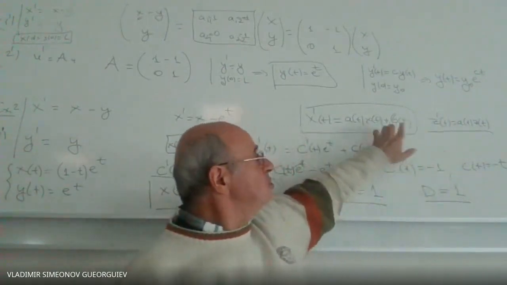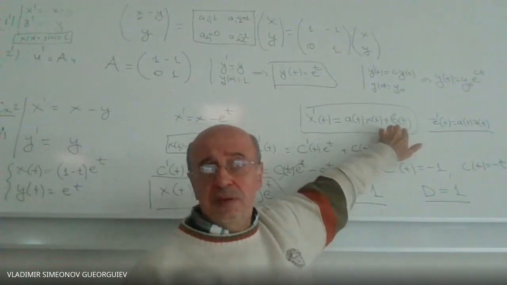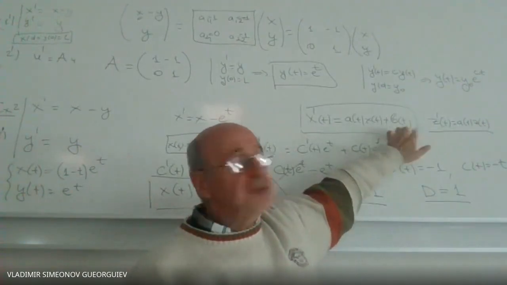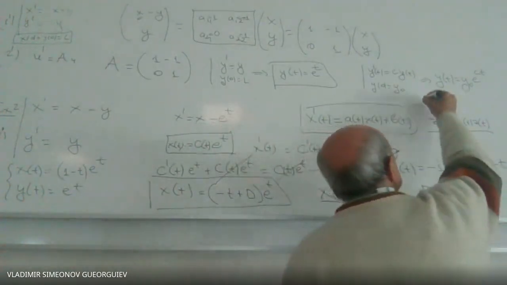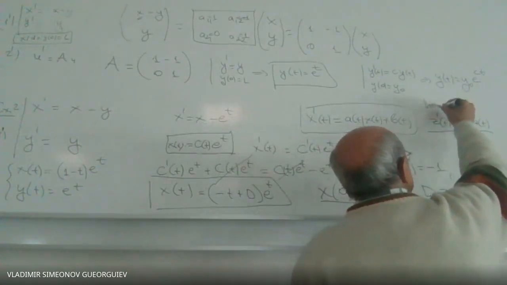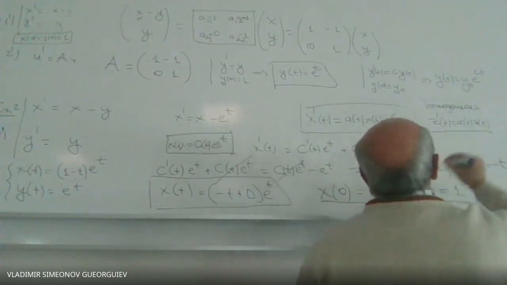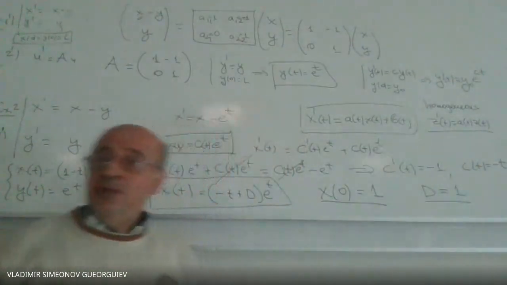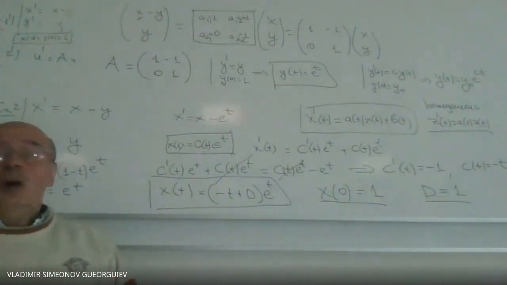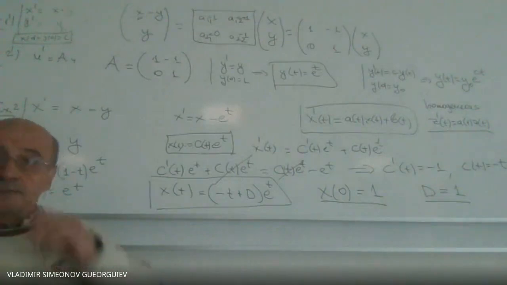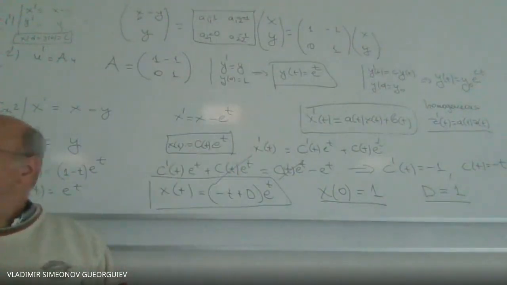Homogeneous, and the original is not homogeneous because you have b. When b is 0, this is called homogeneous. And this is without b, homogeneous. Why is this a simple homogeneous equation?